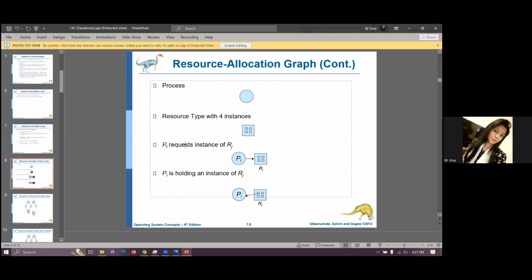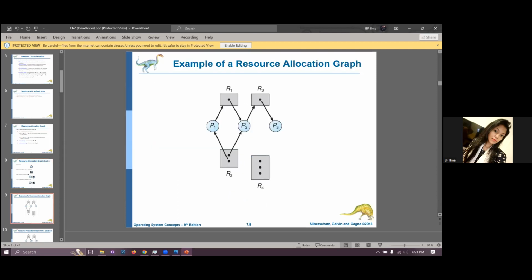This is Pi requesting an instance of Rj, so the arrow goes from Pi to Rj. And if Pi is occupying an instance of Rj, then the arrow goes to the other side.